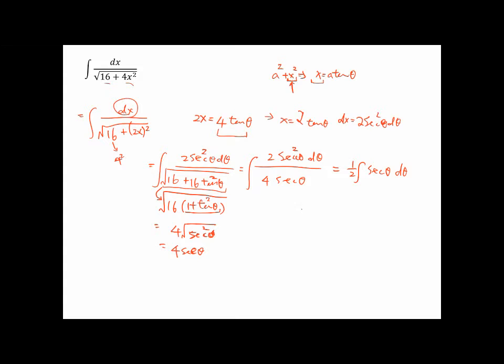Okay. In a previous video, I showed you how to solve the integration of secant theta. So here I just simply apply the answer, which is 1/2 natural log absolute value of secant theta plus tangent theta, plus c, because there is no limit for my integration, right?